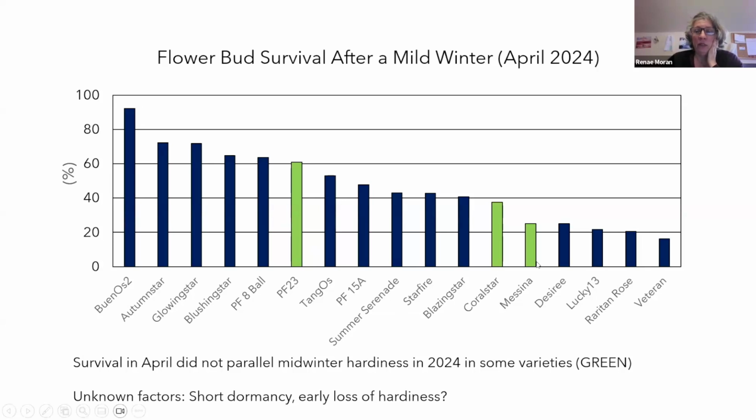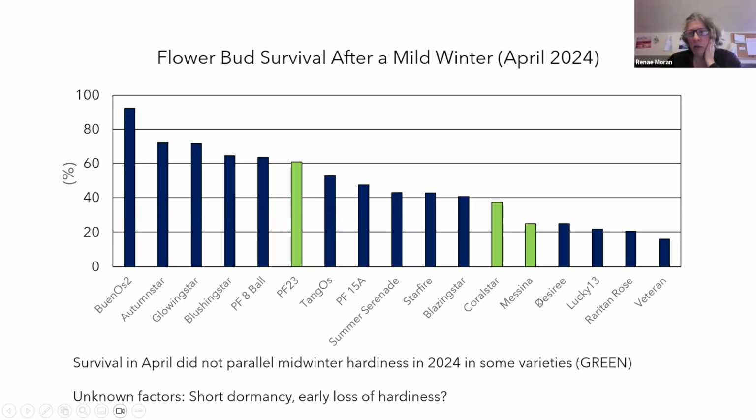And Coral Star and Messina, which were supposed to be hardy, did not have good bud survival. So there's some unknowns in attempting to categorize these varieties as being hardy or tender, and it probably has to do with the dynamic nature of hardiness, which does change considerably over the course of the winter.